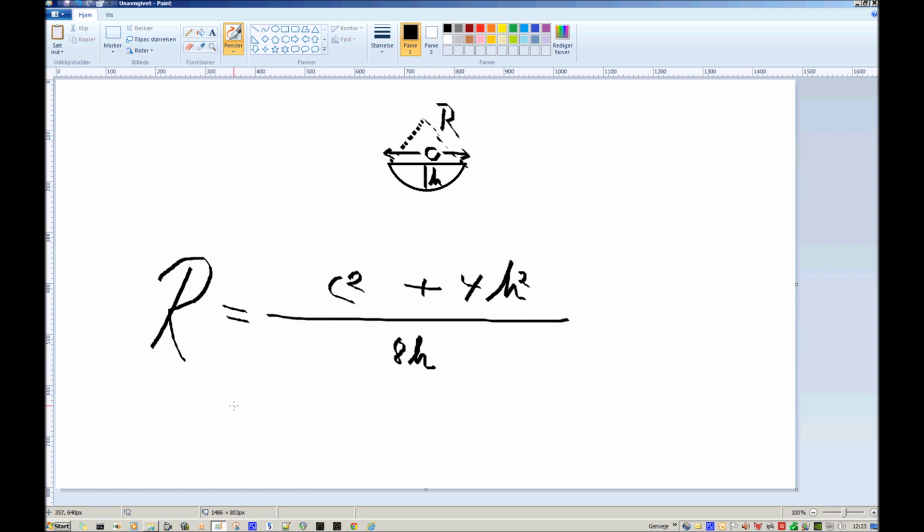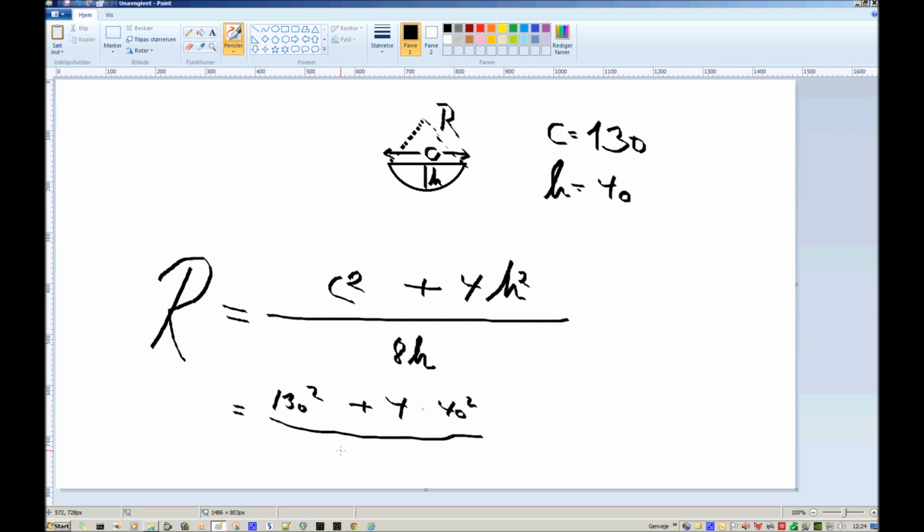If we do that, we have to insert the things we measured over there, and I measured 40 millimeters. Then we have 130 squared plus 8 times 40, that's 320.